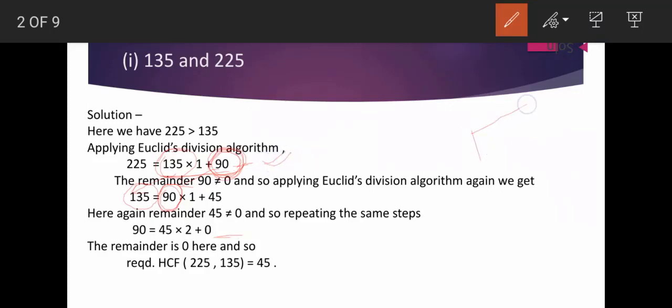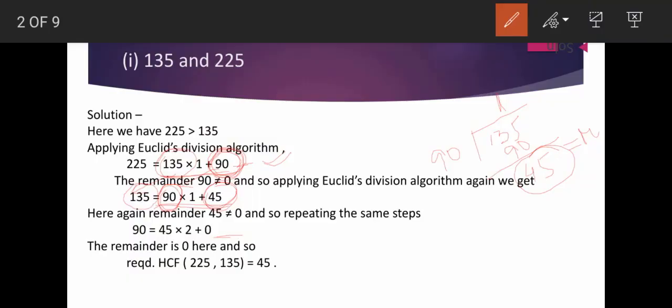So of course we have to divide 135 by 90. While dividing 135 by 90, we get the quotient as 1, and the result that we put in this place will be 90, of course. After subtraction, we get the result 45. So 45 is the value of the remainder here. In this second step also, we found that 45 is the remainder, which is a non-zero number.